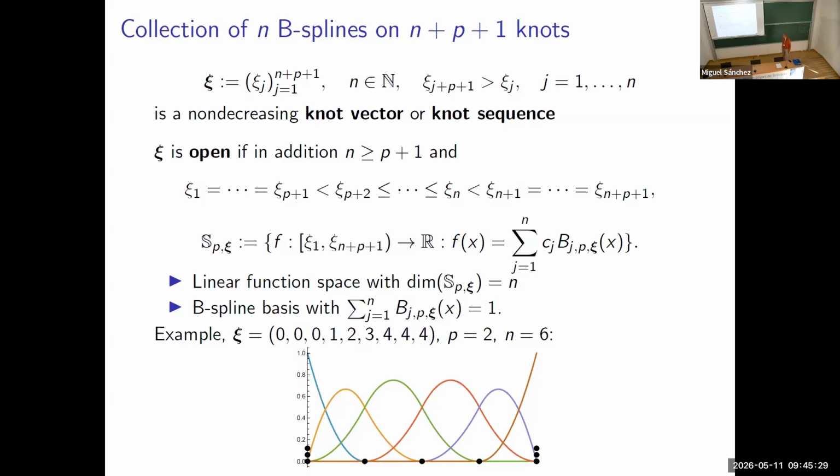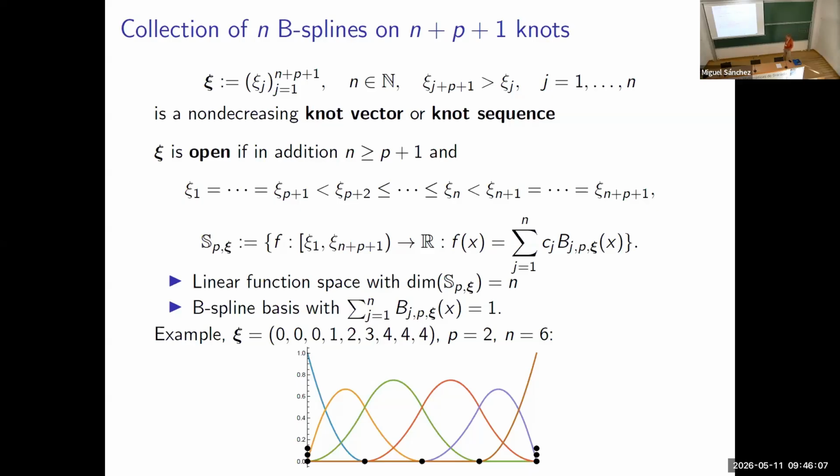If ξ_{j+p+1} is bigger than ξ_j, these functions will be linearly independent, particularly on the open knot vector. So it's a function space of dimension n. As we will see later, these B-splines also form a partition of unity: they sum to 1 at every point x in the interval.